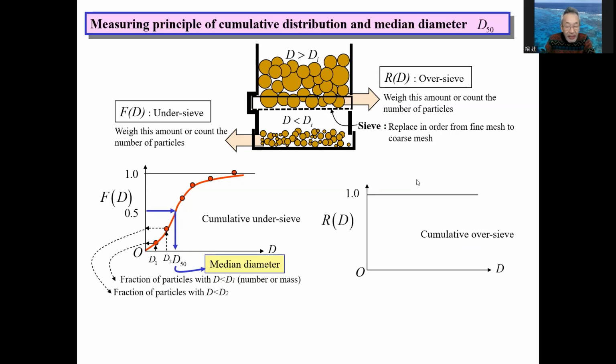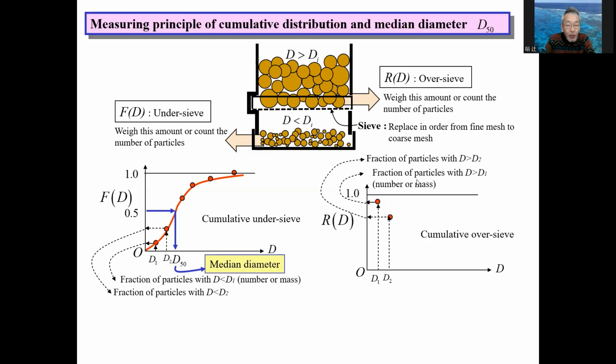Next, let's see the over-sieve distribution Rd. The method is basically the same as the case of Fd. When the smallest mesh is used, most particles remain on the mesh.